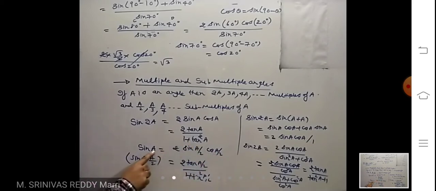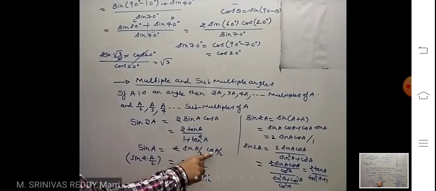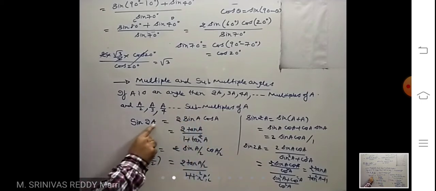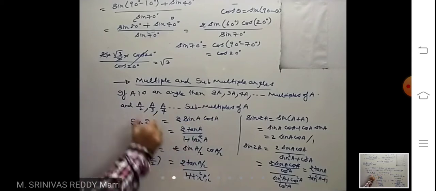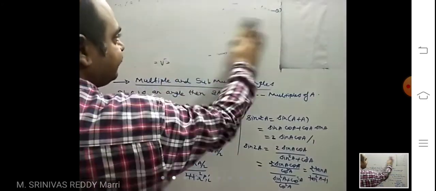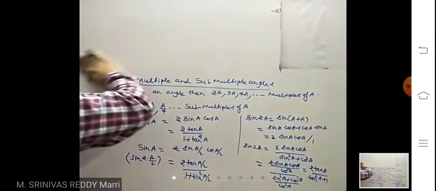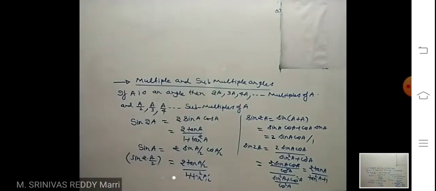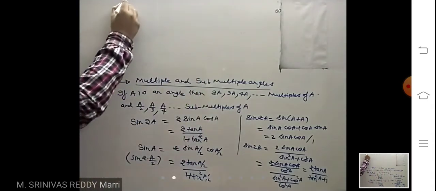Half of 2A is what? A. The formula remains the same, 2 sine cos. This is the formula for sine 2A. Whenever you want to convert into half the angle given, we will use this formula.